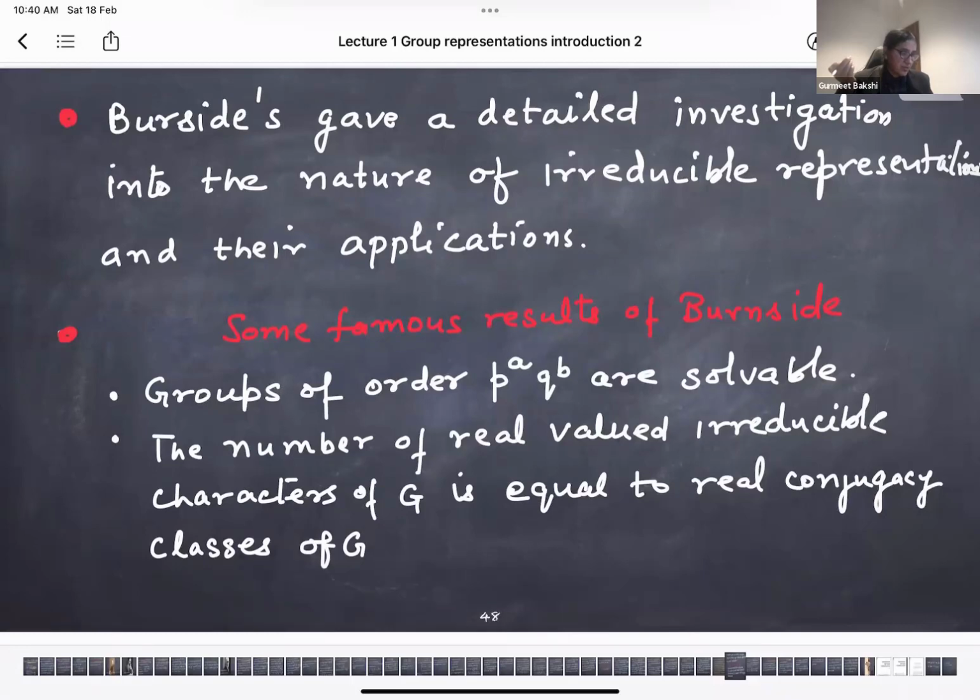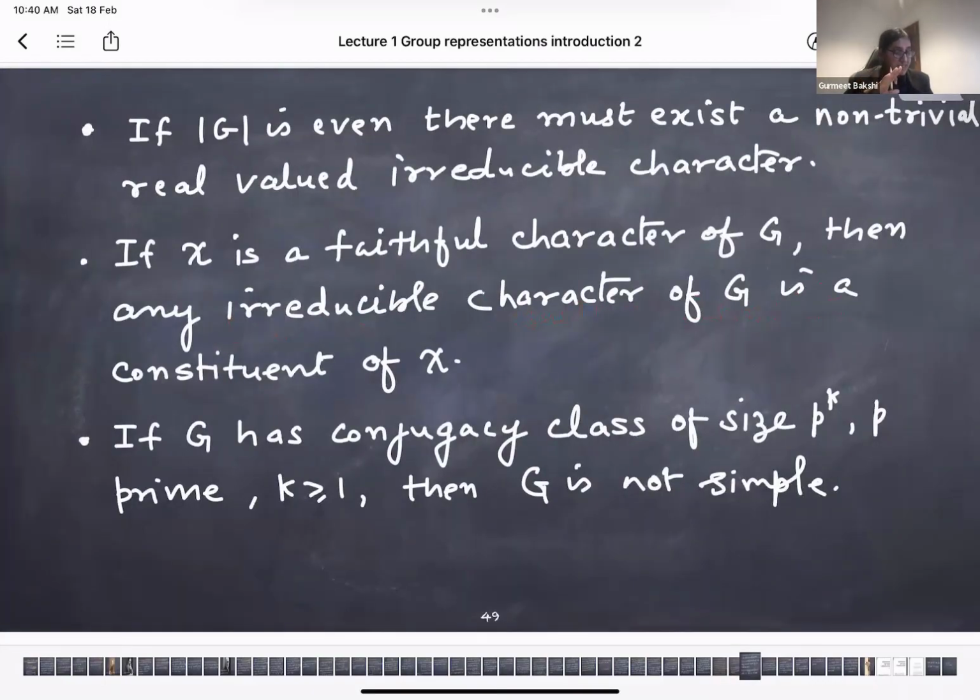And then he also proved that the number of real-valued irreducible characters of G is equal to the number of real conjugacy classes of G. So basically he showed the importance of Frobenius' development of character theory immediately by applying the theory to finite groups. That is why people realized the importance of the subject.